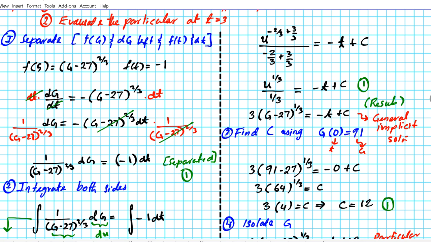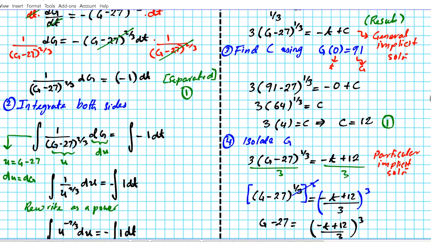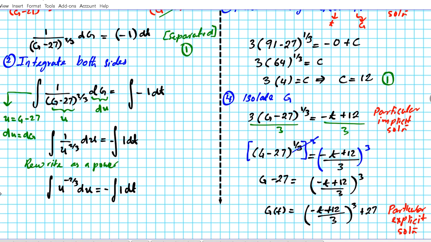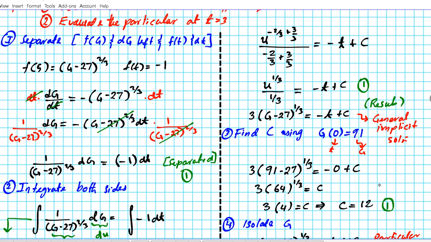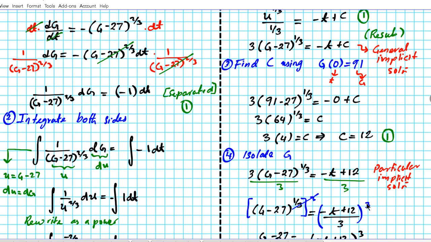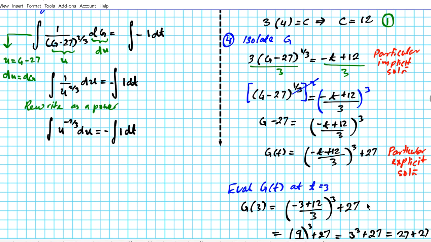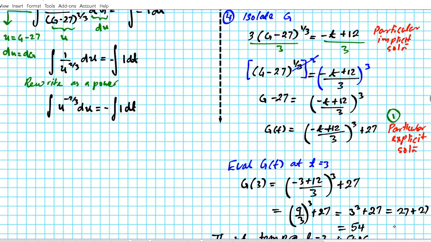Now if you get the final solution g of t, the particular explicit solution, you have another point right here. And then scroll down, you have another point right here. And then when you finish it off by using g of t and g of 3, you put it together to get 54, you get your final point for a total of 5 points. Okay, so that's how this problem was graded.